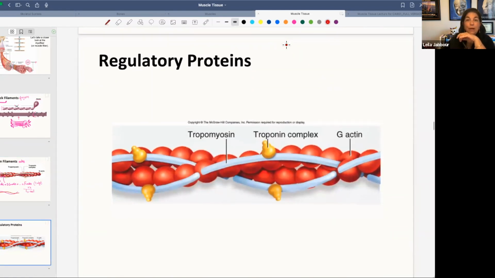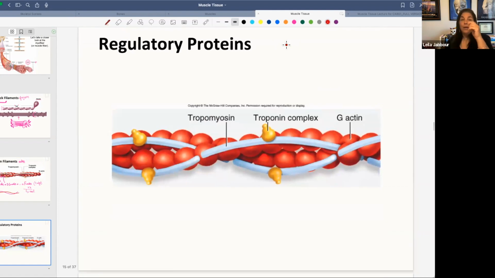Let's talk about the regulatory proteins. So thick filaments of myosin and thin filaments of actin are your two contractile proteins. That's it. Those are the two major players. Myosin and actin, thick and thin filaments. Now, we also have additionally on the surface of actin, not myosin, on the surface of actin, we have regulatory proteins that are called troponin and tropomyosin.